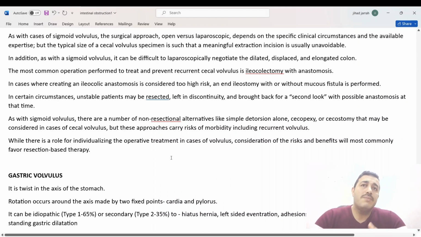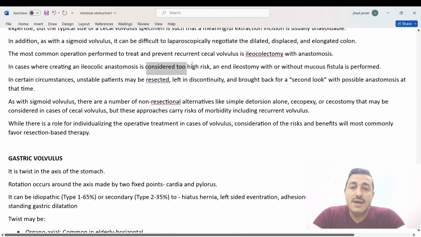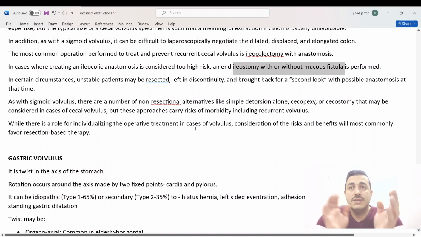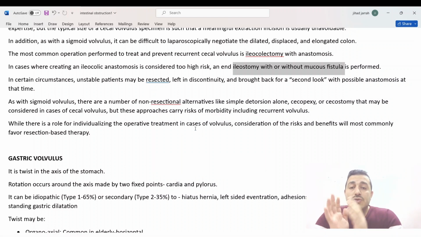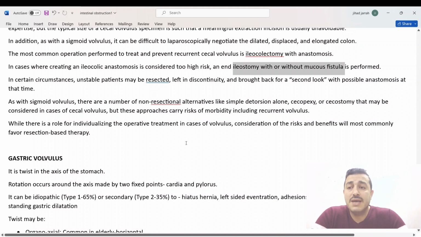In some cases, we can bring out a stoma. If we have a gangrenous part, or if the patient is unstable, we can bring a stoma. In a high-risk patient, we can proceed with ileostomy. As we said, anastomosis is usually performed, since these are young patients capable of tolerating the surgery, but in some cases, an unstable patient for example, we can proceed with a stoma.